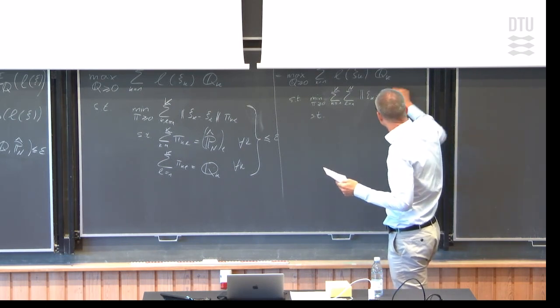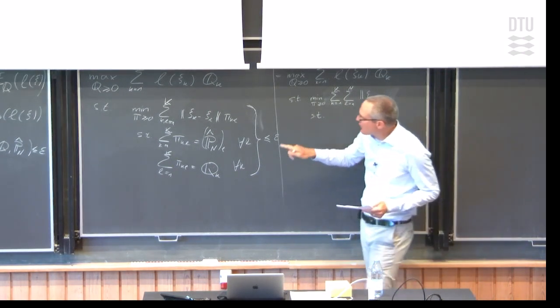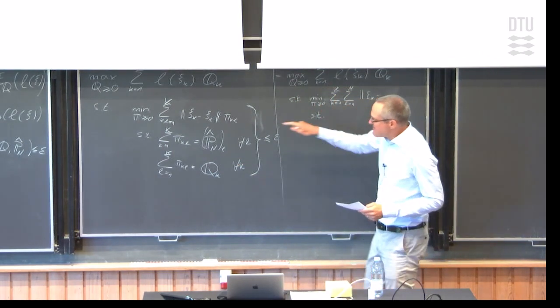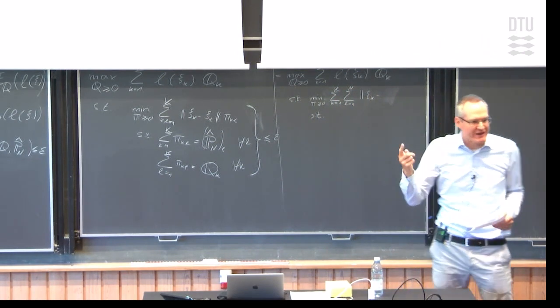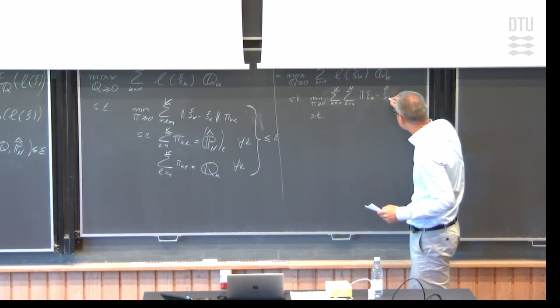Psi K, that's the points to which the Q assigns probabilities. My P hat, my empirical distribution, assigns probabilities only to the training samples. And the training samples are psi hat I, right?